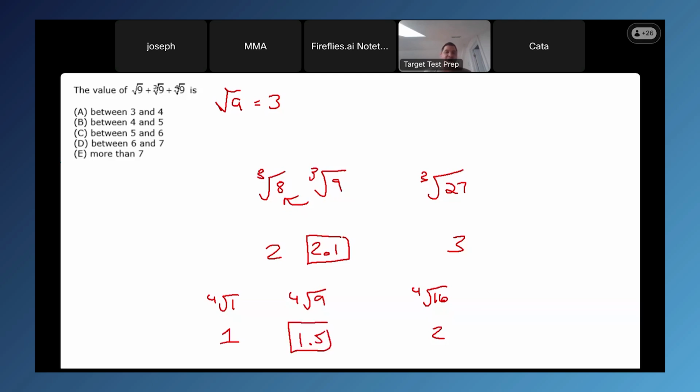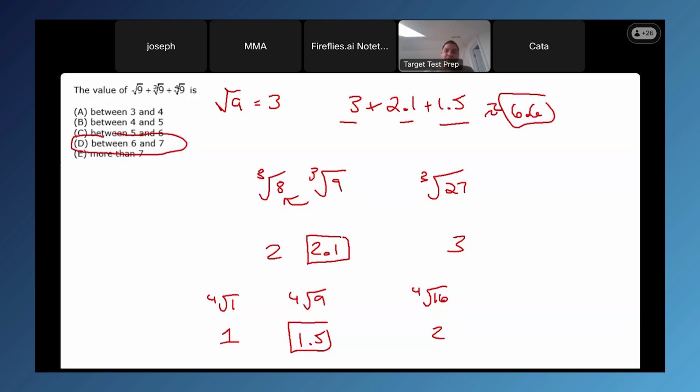So we're talking 1.5. So it's 3 plus 2.1 plus 1.5. When we do that, 3 plus 2.1 is 5.1, and then plus 1.5 is roughly 6.6. So it's between 6 and 7.